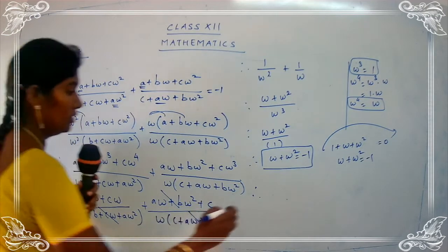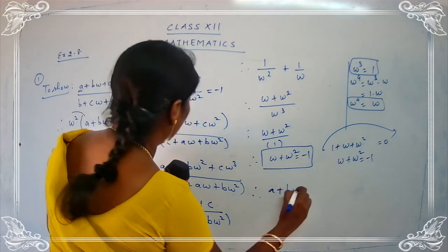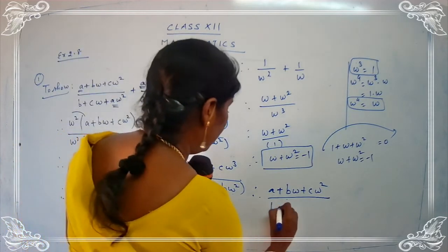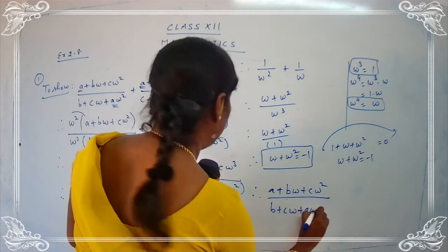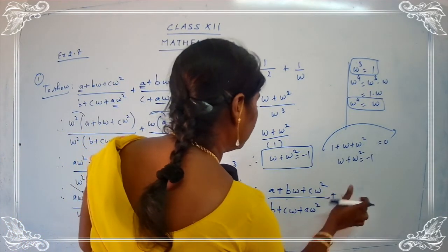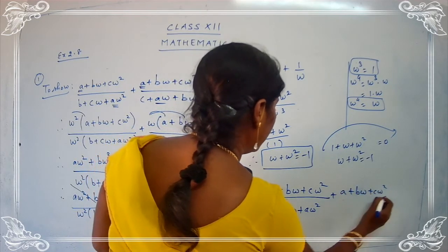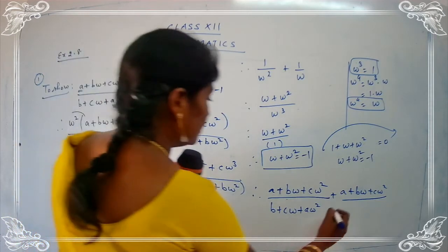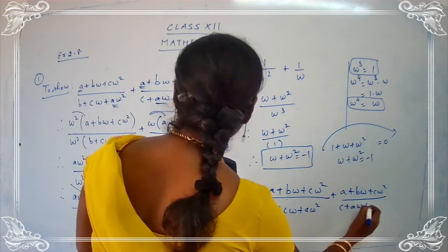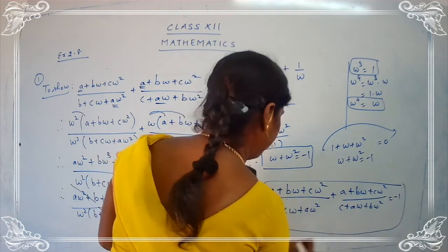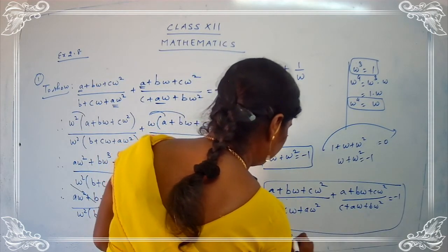Hence, shown. Therefore, (a plus b omega plus c omega square) upon (b plus c omega plus a omega square), (a plus b omega plus c omega square) upon (c plus a omega plus b omega square) is equal to minus 1. Hence, shown.